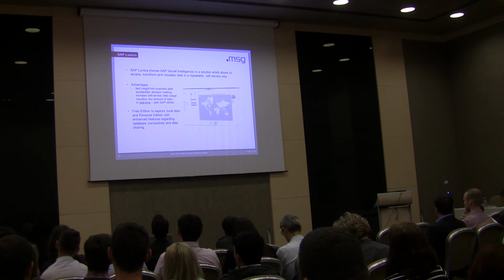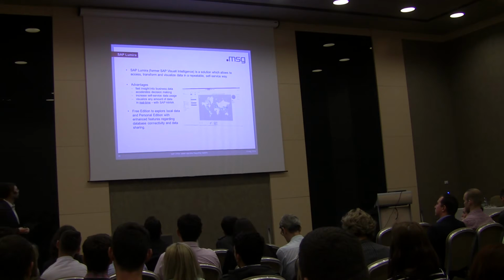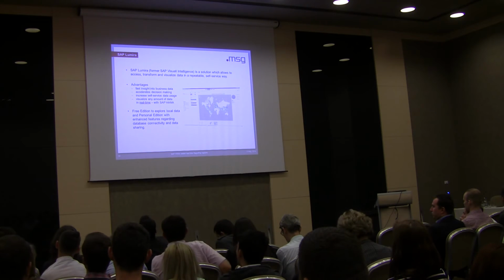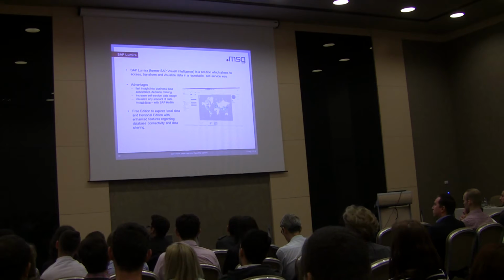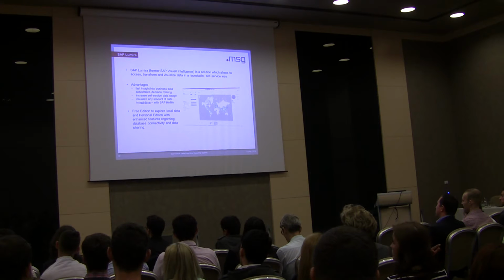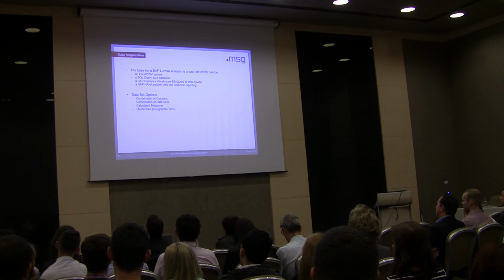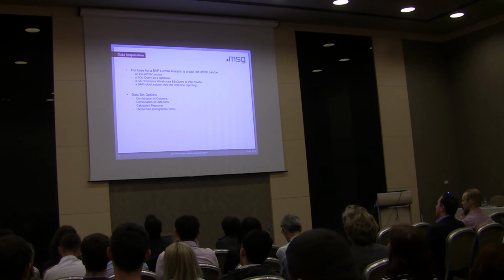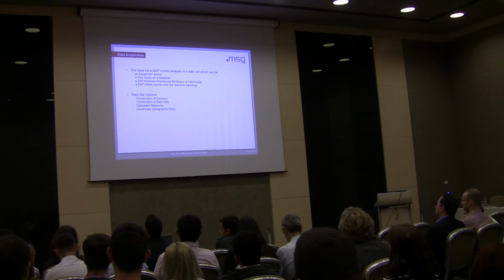The self-service usage is also increased, because that tool can also be used by the business departments itself. And of course, with the native integration of SAP HANA Views, you can also report your data in real time. Just for your information, besides the personal edition with enhanced features, there's also a free edition available, which you can download for free, where you can then test a little bit around, especially with the data source options, because within SAP Lumira you can also use a CSV file as my data source.